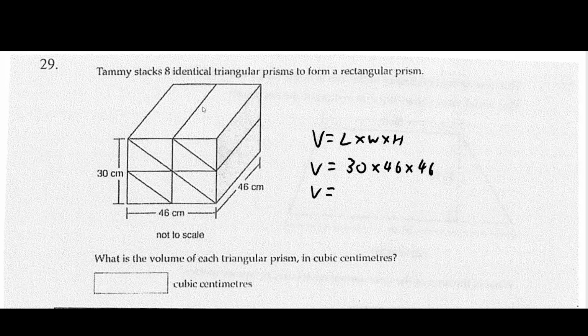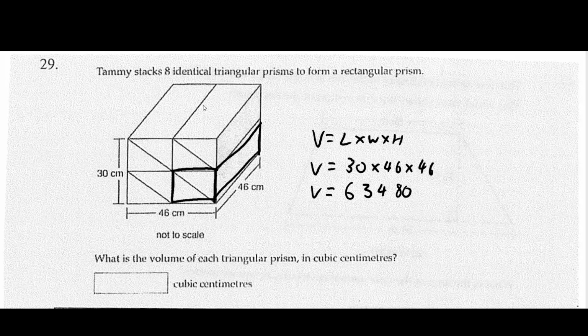So the volume is 30 times 46 times 46, which is 63,480. All right, now for one of these smaller rectangular prisms here, let's have a look at it.